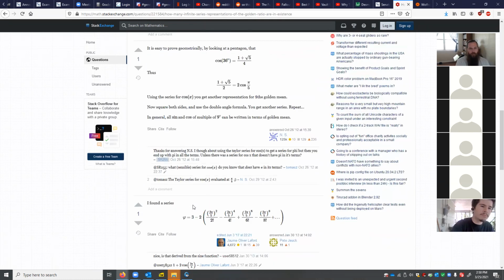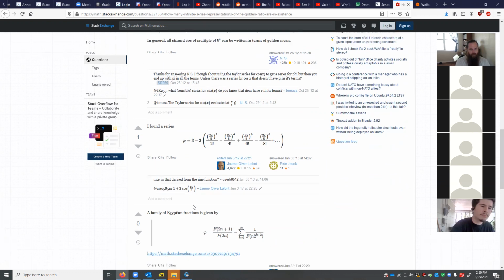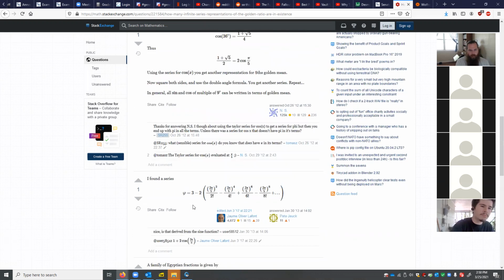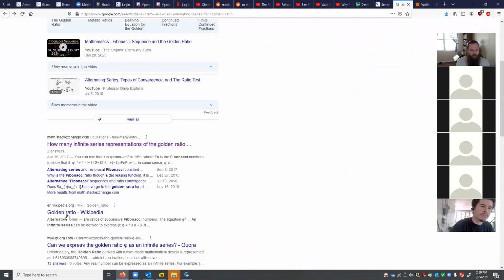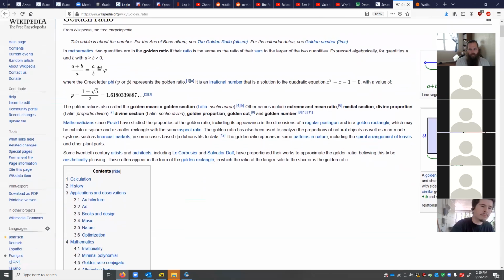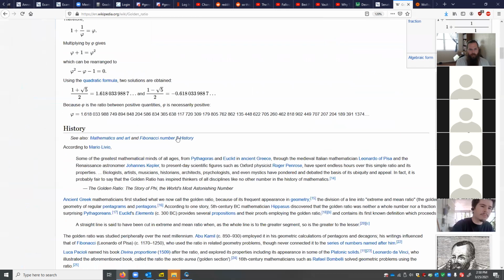But is there a clean one? I know a way to get the golden ratio out as coefficients of a power series using what's called a generating function. But I'm not aware of a nice one, at least not off the top of my head. So that could be a fun project to try and find such a thing.